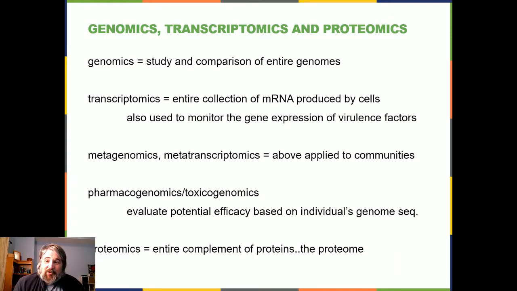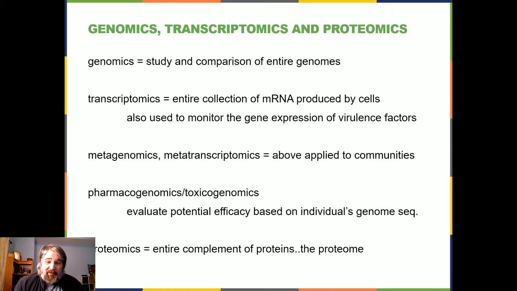And when we talk about transcriptomics, that's where we look at the entire collection of messenger RNA produced by cells. It's also used to monitor the gene expression of virulence factors. Metagenomics, metatranscriptomics. So when we apply the study of genomes and collections of messenger RNA to entire communities, that's the meta aspect.